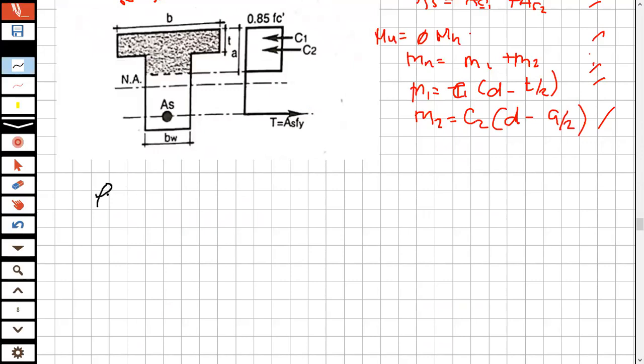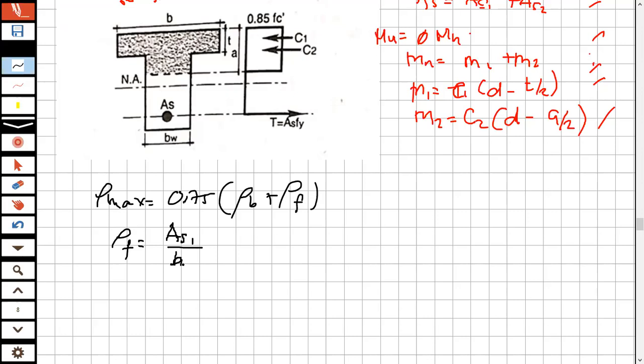You have maximum steel ratio is equal to 0.75 rho balance plus f. Okay? Rho balance, alam na natin yung rho balance. Pero yung f is equal to As1 over bwd. Okay? And rho minimum, walang pinagbago. 1.4 over fy.